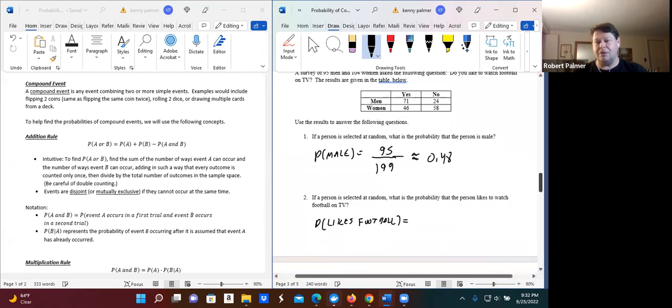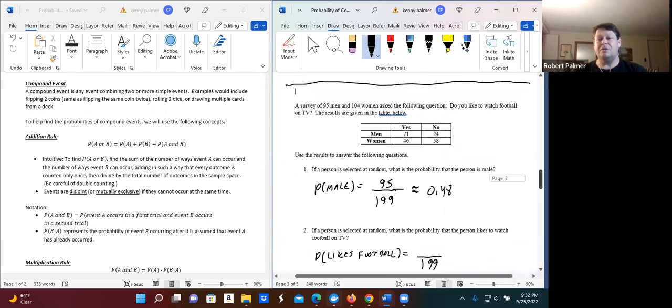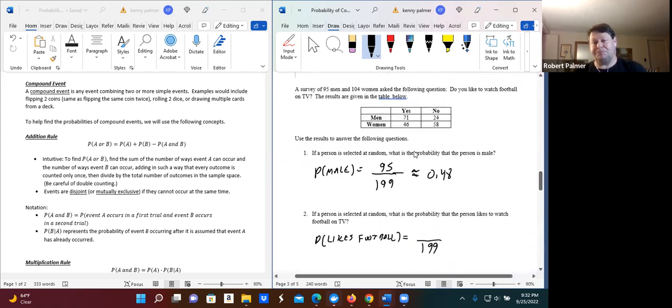Once again, let's use our table to help us. We have a total of 199 people. The question is, how many of them like to watch football? The answer to that question was yes, so look at the yes column. We total up the ones who said yes, both men and women. We don't care if it's a man or a woman. We just want the total number of people who like to watch football. 71 plus 46 is, I believe, 117. Let's check that.